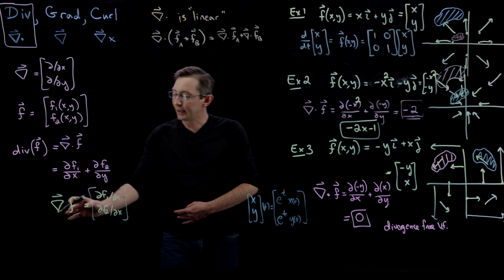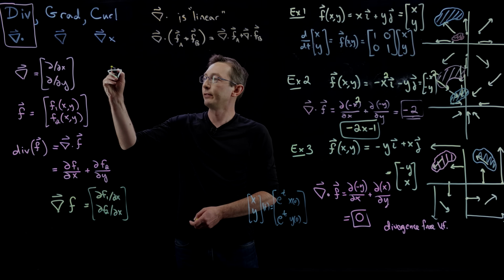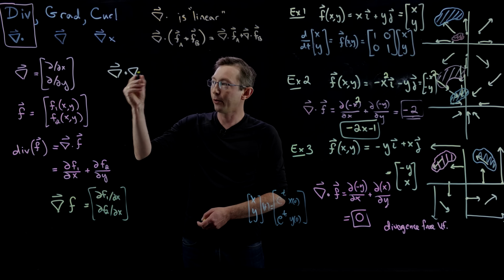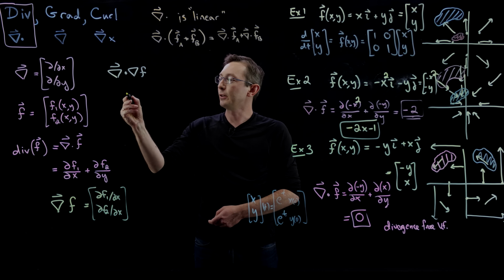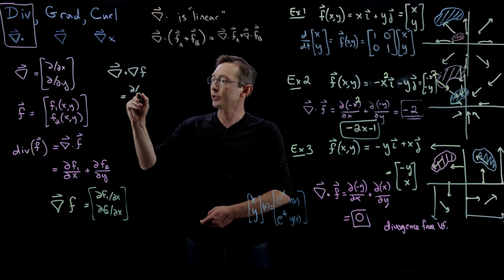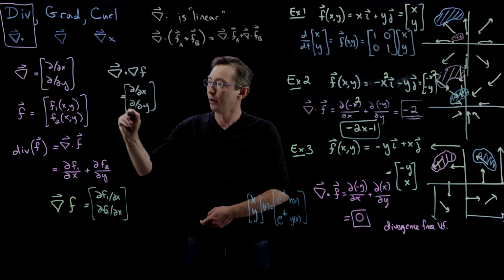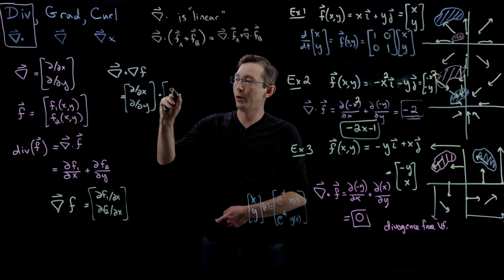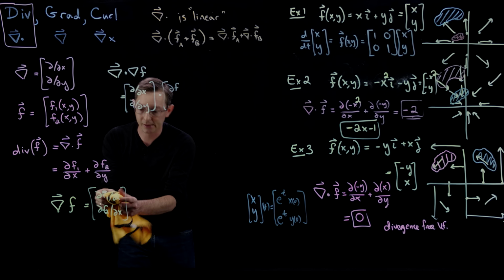And so what if I take the divergence of the gradient? If I take the divergence of the gradient of a function f, then essentially what this equals is partial x, partial y, dot product with partial f, sorry, this is just f, because this is a scalar.